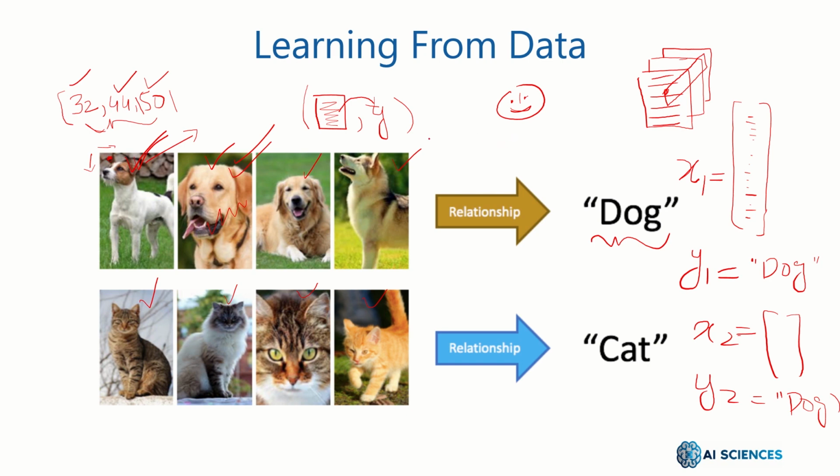The kid will grasp some pattern of this image to say that it's a dog. Okay, great. Then you show this particular image to the kid again, and you say it's a dog.